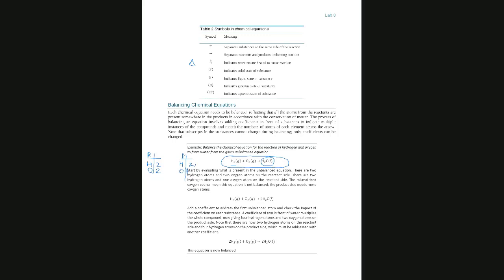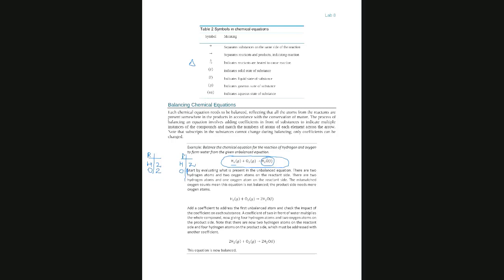One important thing, very, very important. When you balance a chemical equation, you only use coefficients. Only use coefficients in front of the substance to balance the atoms. You can never change the formula of any reactant or product.